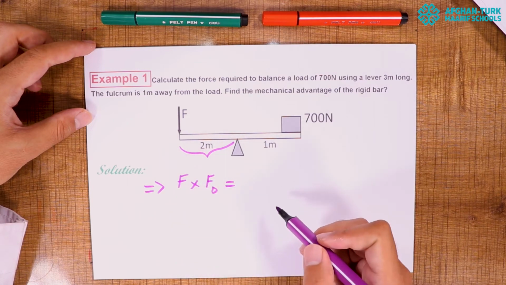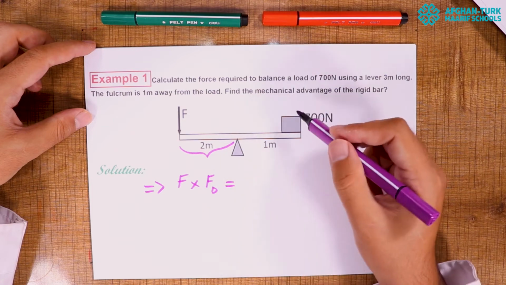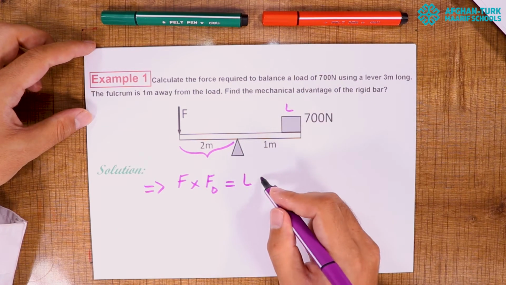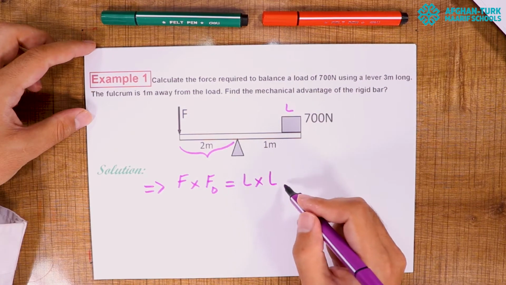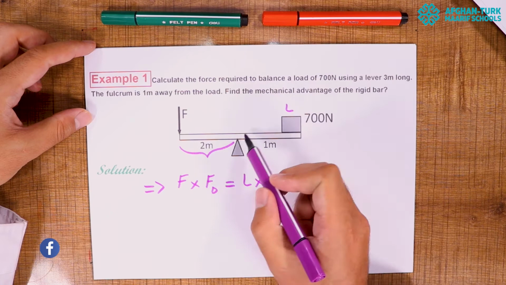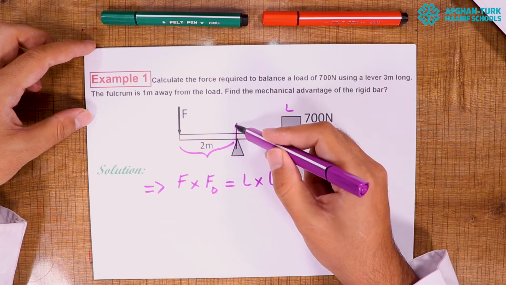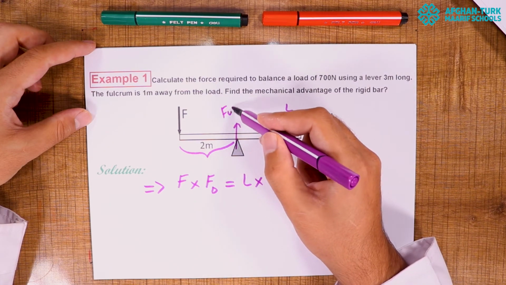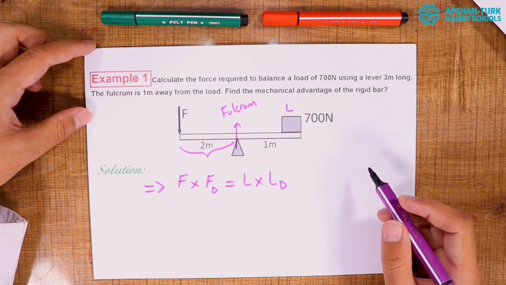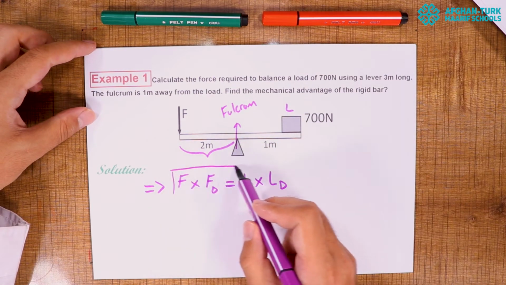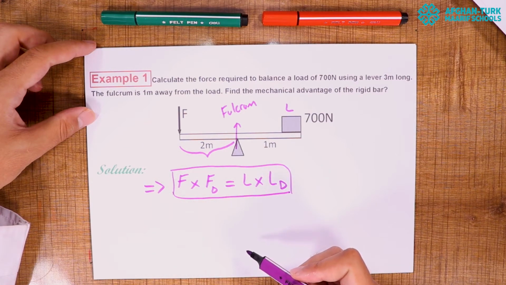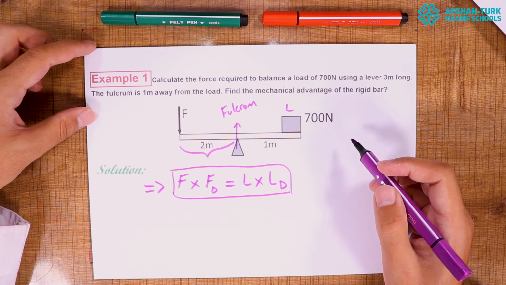Force times force distance is equal to load times load distance. This is the distance from load to the fulcrum, and this one, as you remember, is the fulcrum. It's a fixed point. So this is our formula, and I'm trying to find the force here.